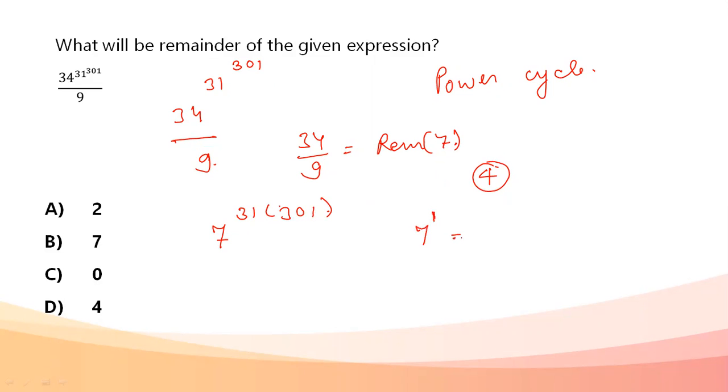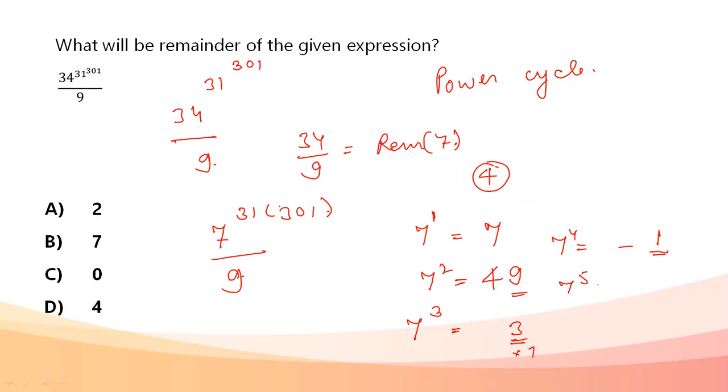So 7 power 1, and I need to divide it by 9. 7 power 1 is 7. 7 square is 49, unit place is 9. 7 cube becomes 9 into 7, unit place will again be 3. 7 power 4 is 3 into 7, I'm just concerned with the unit place, it becomes 1. 7 power 5, again I'm going to get 7 as my unit place. So the cyclicity of 7 comes out to be 4.